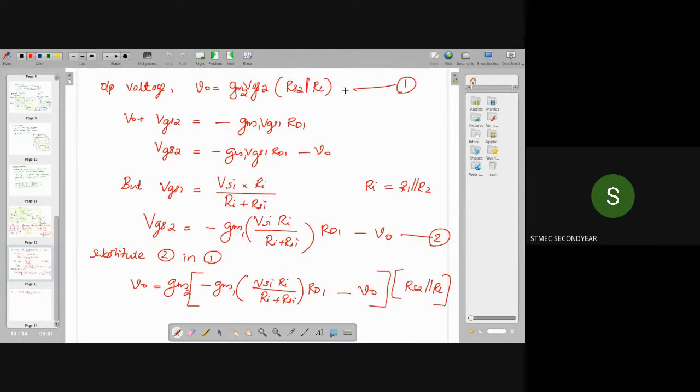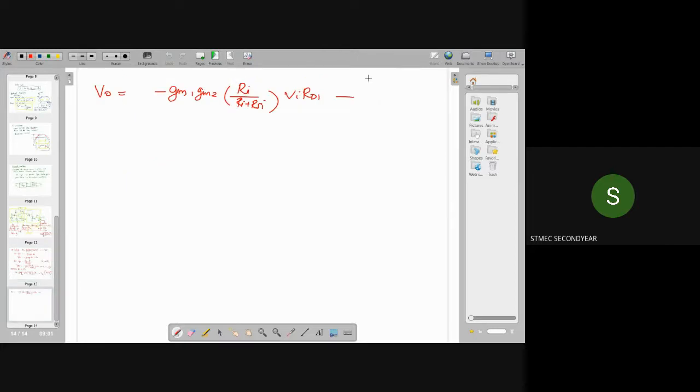So minus GM2 into V naught into this RS2 parallel RL. Right.